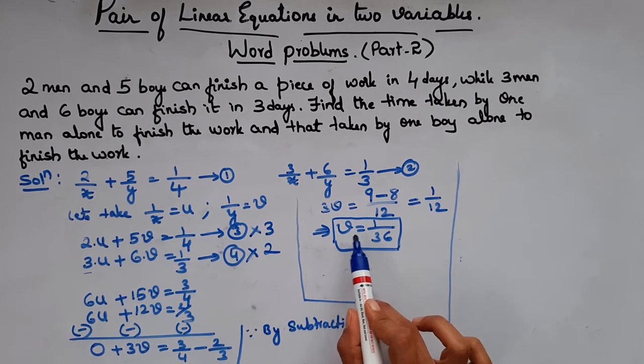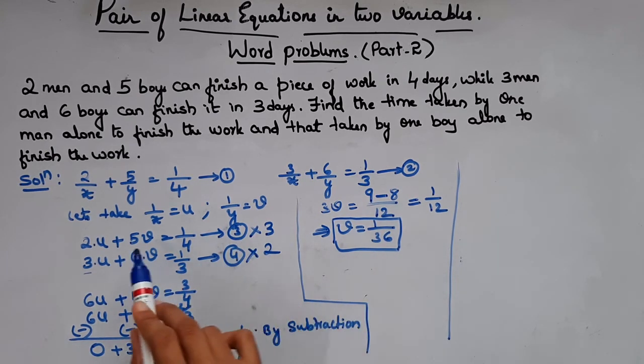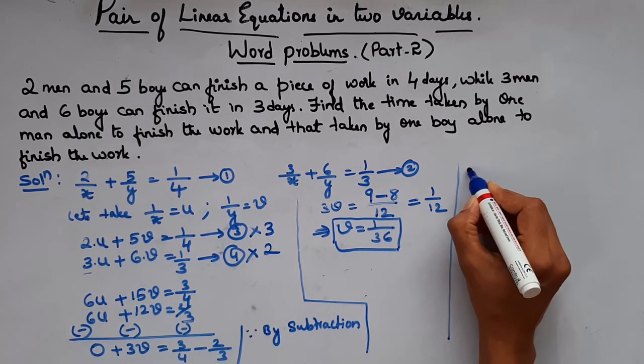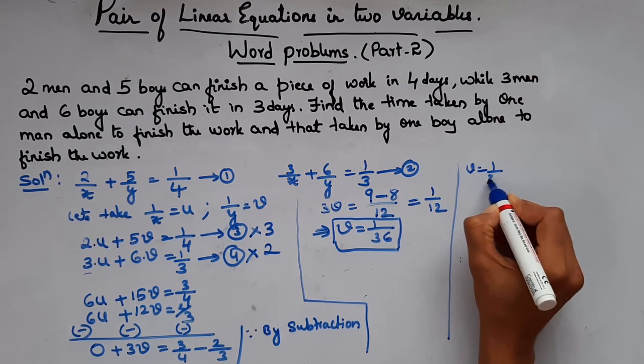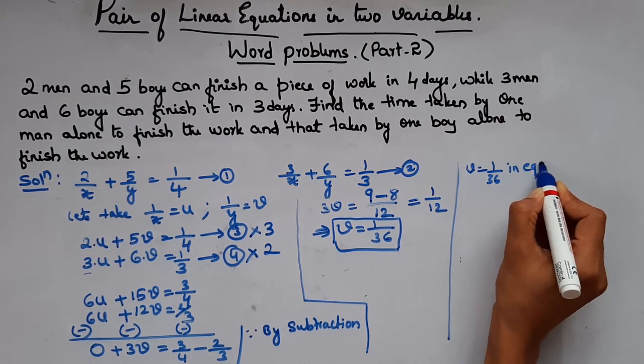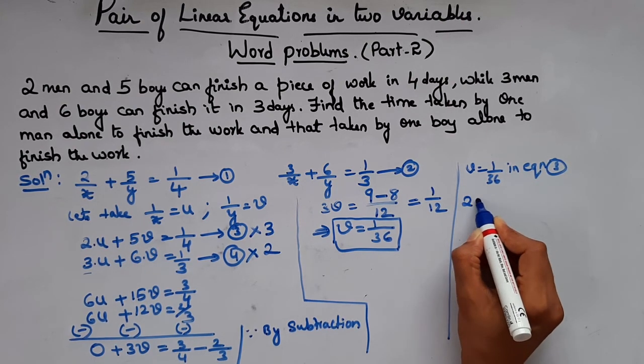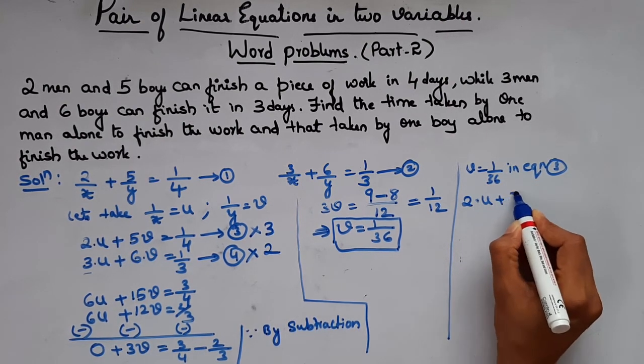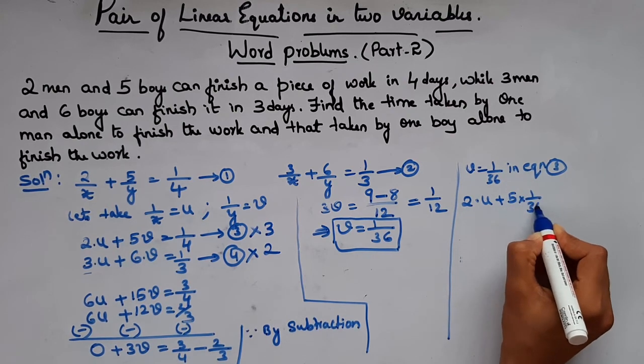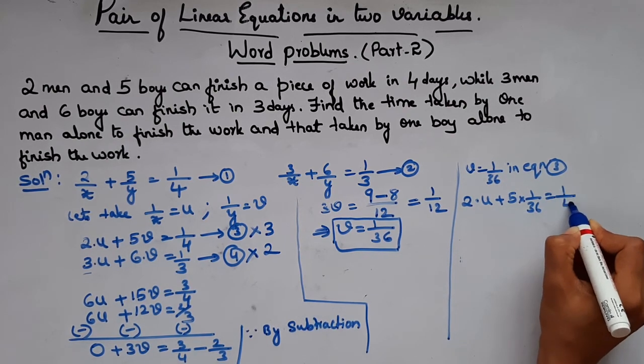Now we'll substitute v = 1/36 in equation 3. So your equation 3 will be 2 into u plus 5 into 1/36, which is equal to 1/4.